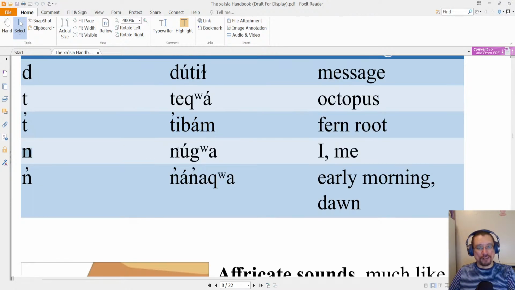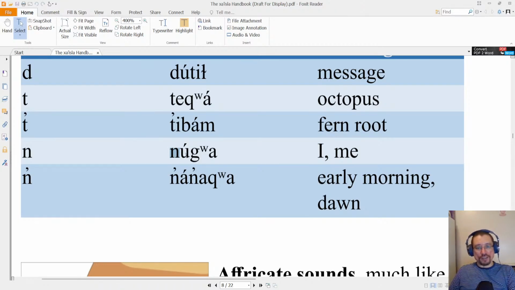Next we have a regular N, and the word is nugwa. Nugwa means I or me. To be totally honest, the word nugwa is actually not really used that often in regular speech. More often than not, it gets reduced down to the letter N and added to the end of a word.